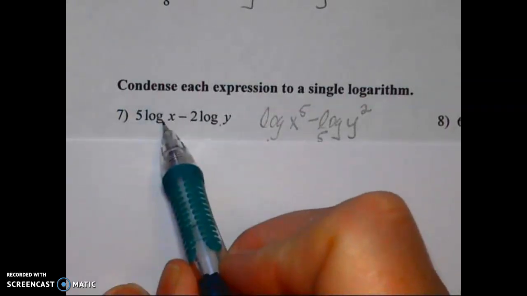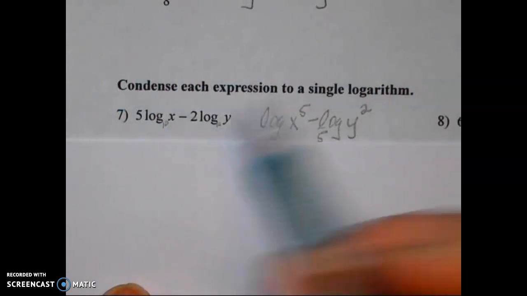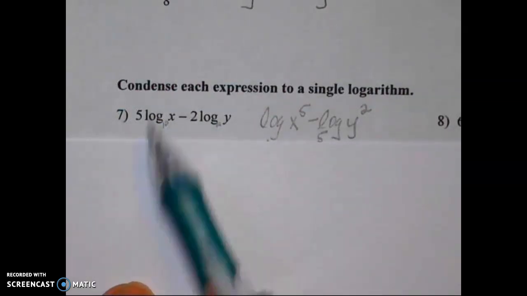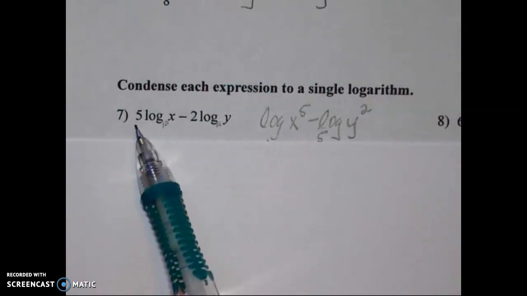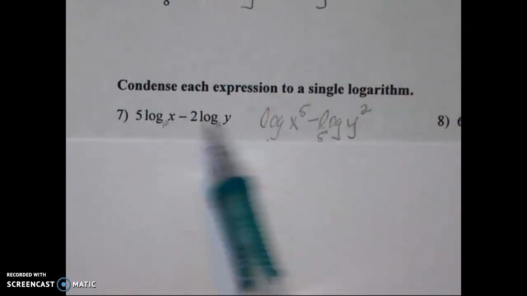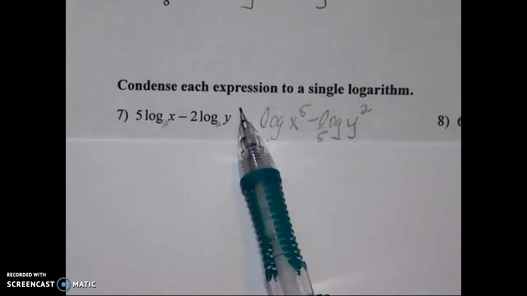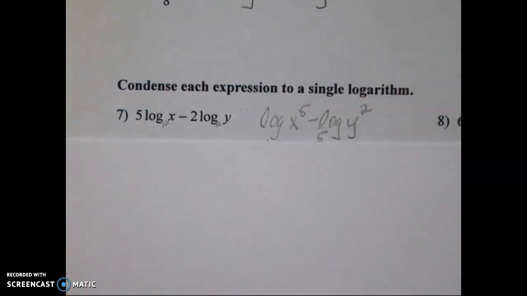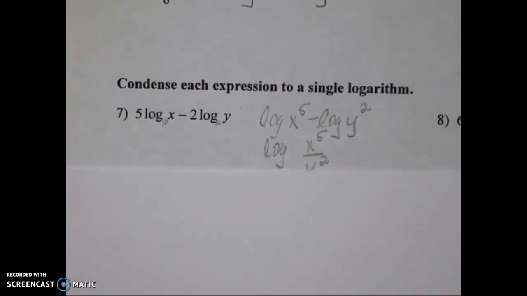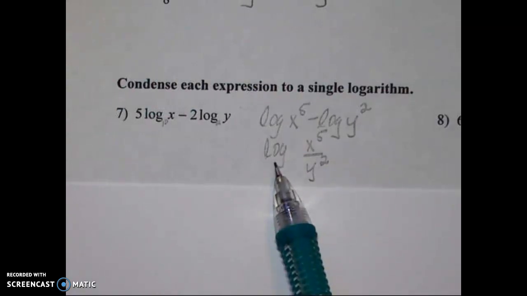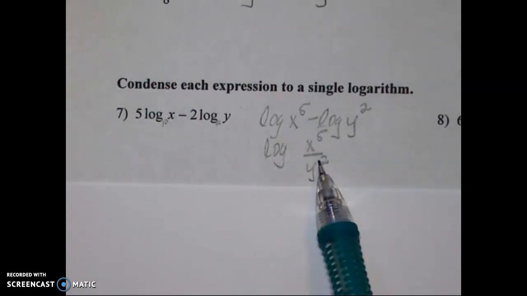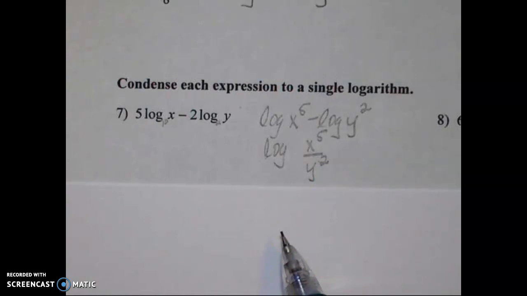We know that if there's no subscript, it's a 10. So we're going to take care of the coefficients first. 5 can be written as an exponent, 2 can be written as an exponent. And then you want to write the log once, and then the subtraction becomes division. This isn't so bad, is it?